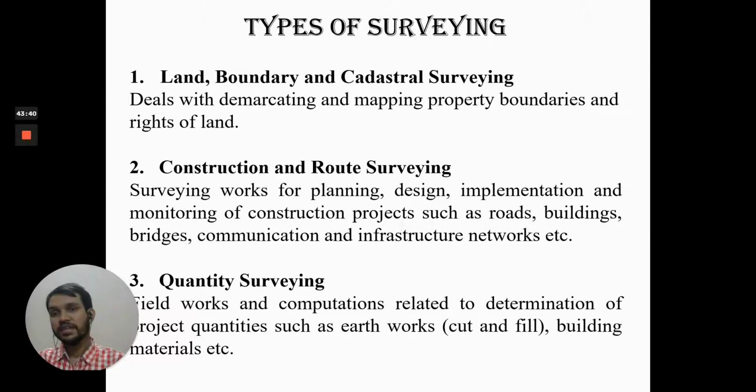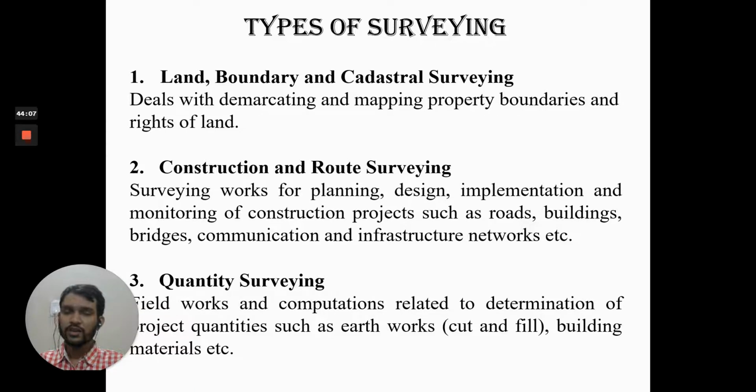Now comes the types of surveying. There are basically 6 types of surveying that I broadly classify. We have discussed most of the things, and I will just give you an overview so that you know where each is used. First is land boundary and cadastral survey, as we were discussing up till now, to demarcate the land boundaries or the boundaries of a property or location. It may be any park, construction activity, buildings, bridges, or anything.